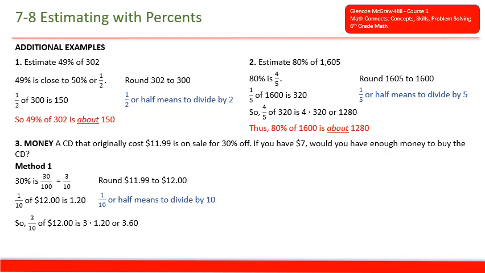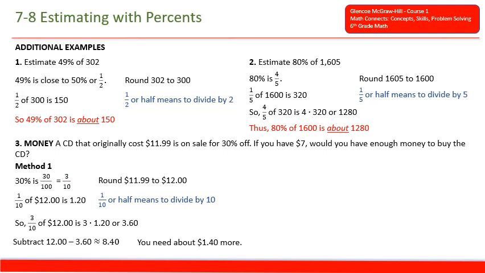So 3/10 of $12 is 3 times $1.20, because 1/10 is $1.20, so 3/10 is 3 times that. So we get $3.60. Now we have to subtract $3.60 from $12, and we get about $8.40 because we rounded the original price.